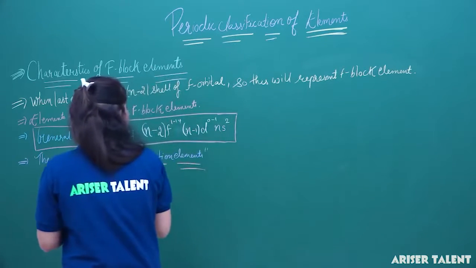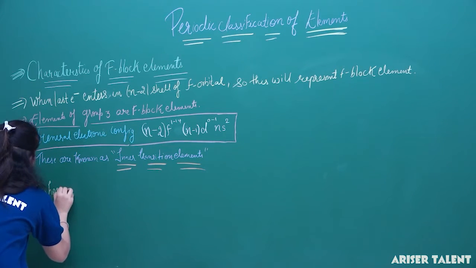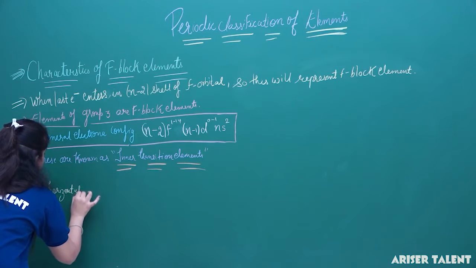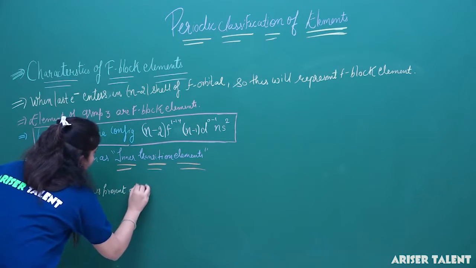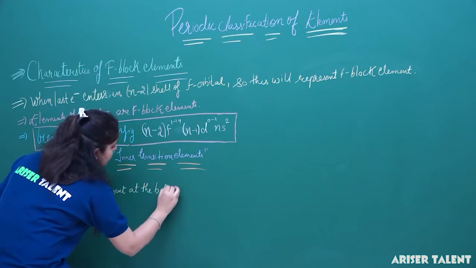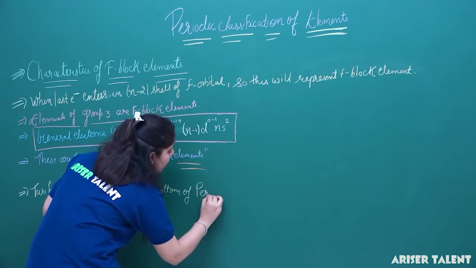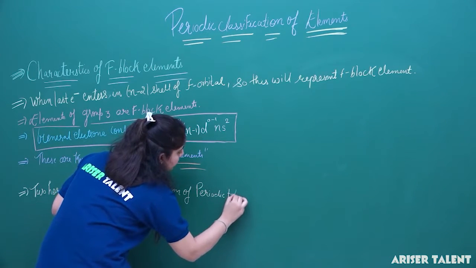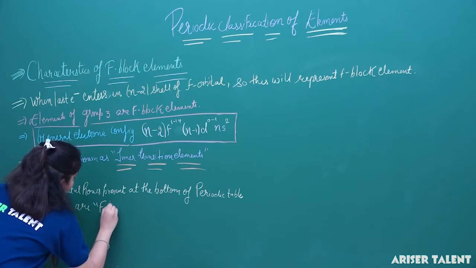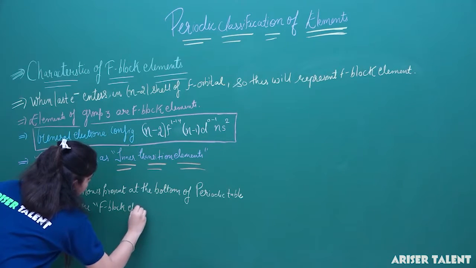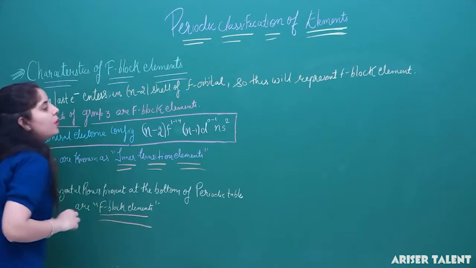So our next point is: two horizontal rows present at the bottom of the periodic table are F block elements. These are the F block elements present in the bottom part of the table.